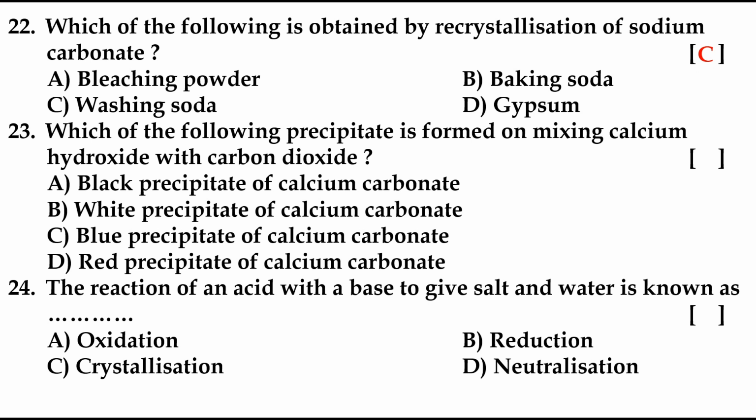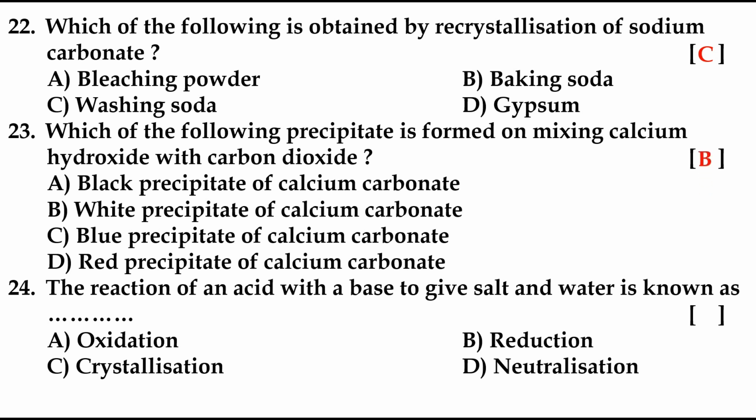23. Which of the following precipitates is formed on mixing calcium hydroxide with carbon dioxide? Option A, black precipitate of calcium carbonate. Option B, white precipitate of calcium carbonate. C, blue precipitate of calcium carbonate. D, red precipitate of calcium carbonate.